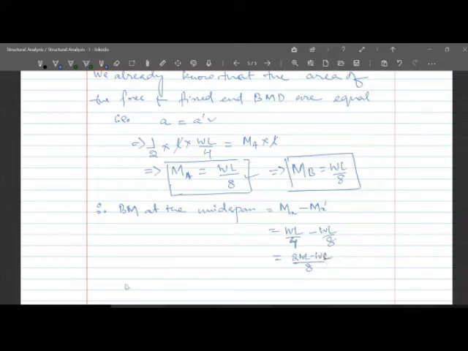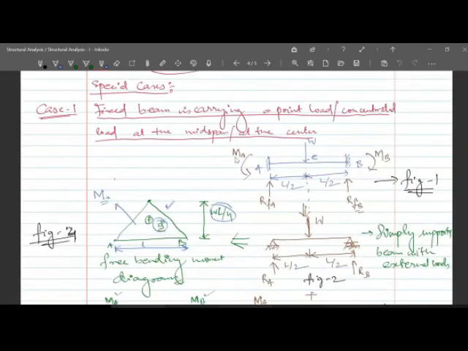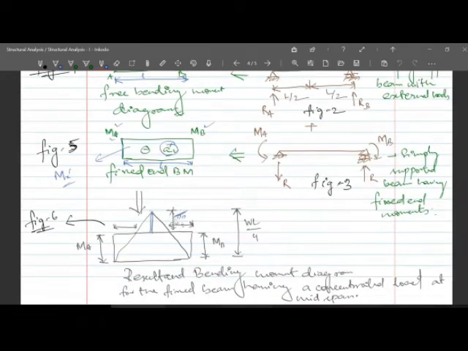So this implies the bending moment at the mid span equals WL by 8. So this value will be WL by 8.